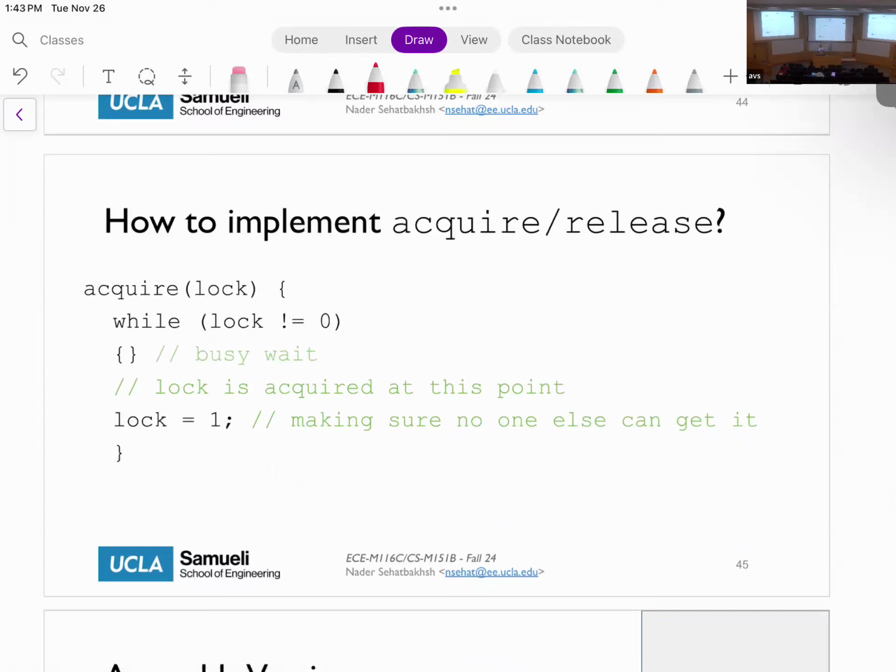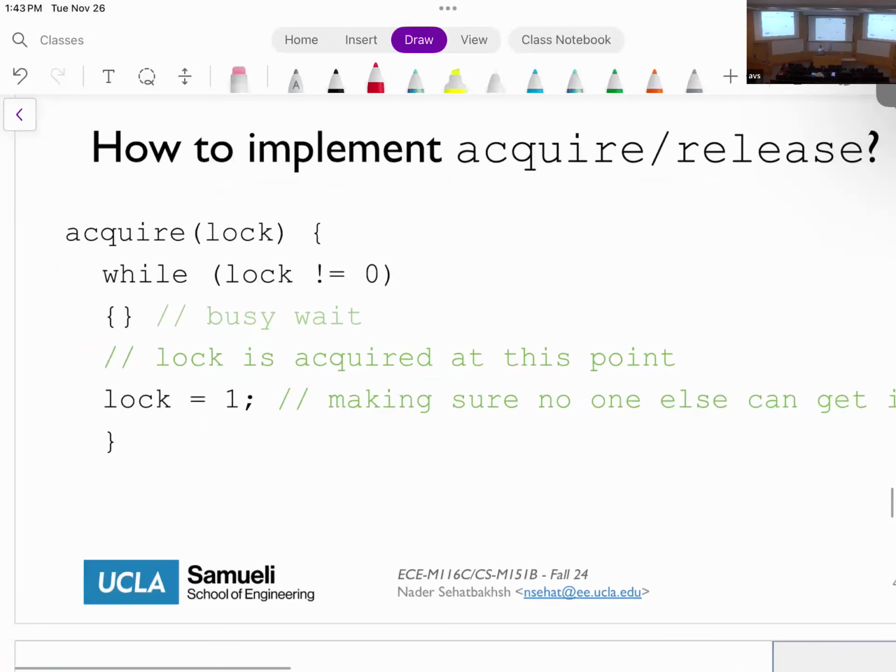So how do we actually implement this acquire and release? In software, it would look something like this. Let's say acquire lock is a function that takes lock as an input. Think about lock as a value that's either 0 or 1. And then we busy wait, right?